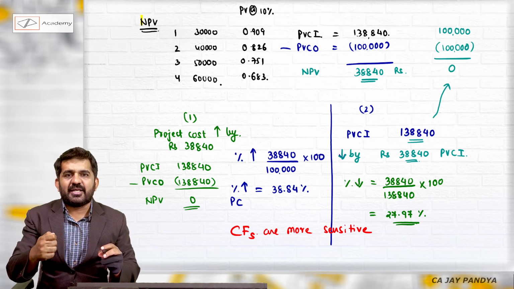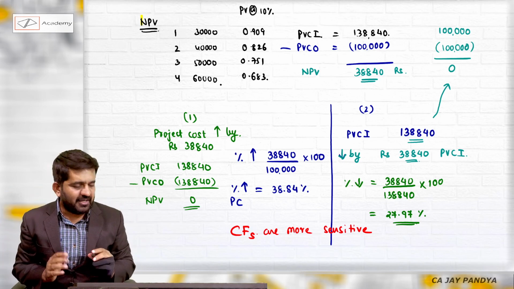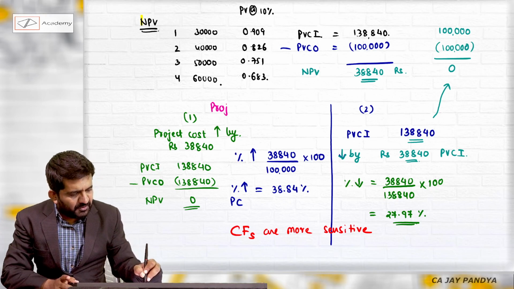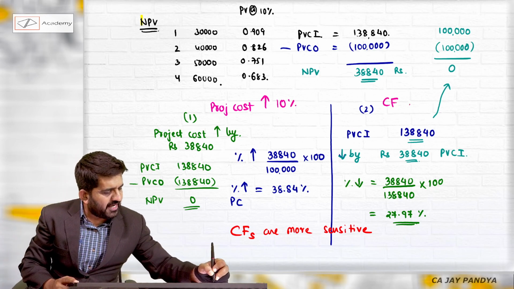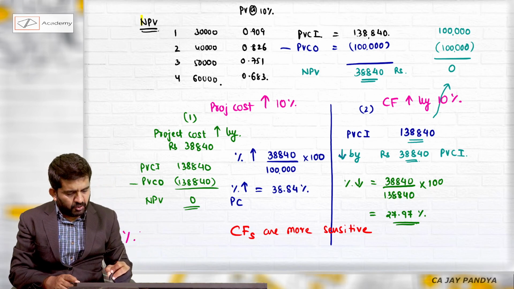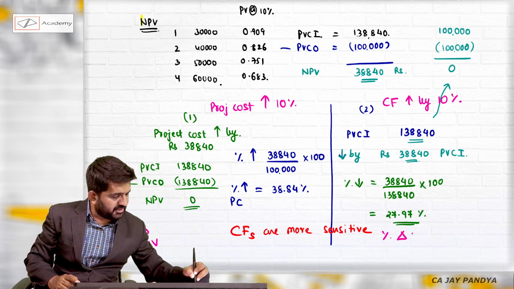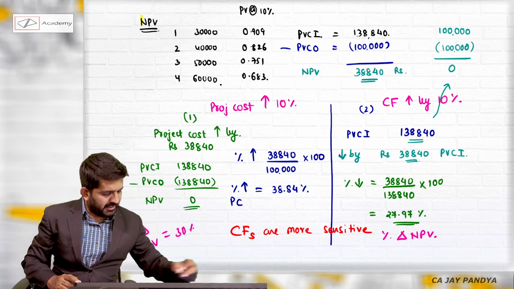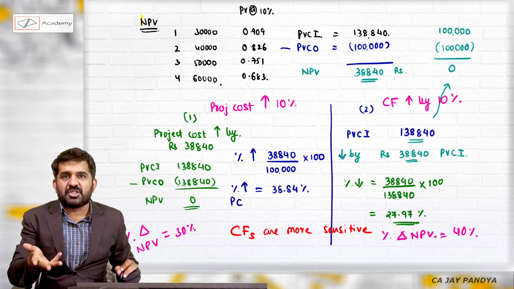Please try to understand what happens in sensitivity analysis. What are the normal questions in sensitivity analysis? I'm writing with a different color pen. They'll ask you if the project cost increases by 10%, if cash flow increases by 10%, you will find out percentage change in NPV. Say this is 30% and this is say 40%. This I have not calculated exactly, I'm just giving you an example.